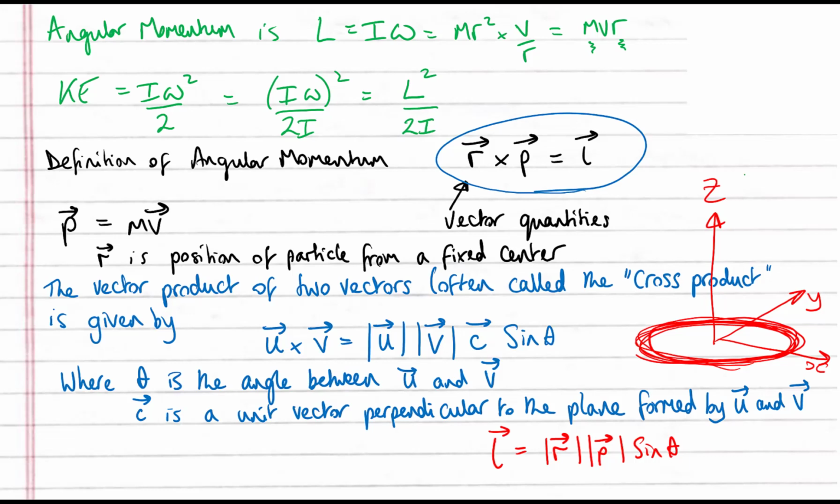And so we can actually write this down in three different ways. If we break down the angular momentum for any body moving in a circular direction into its component pieces in the x direction, the y direction and the z direction, let's take a look at what we get.